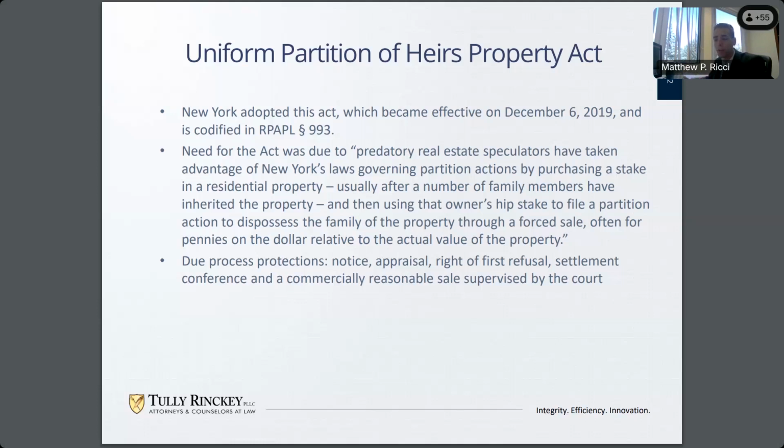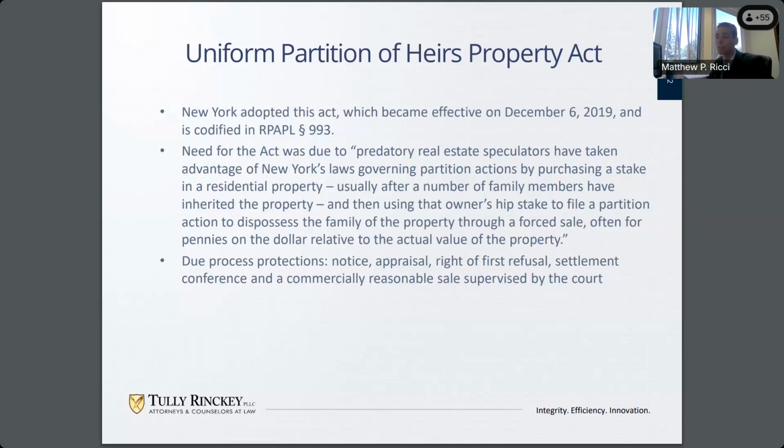profit off of, they prey on people who inherited property. So, they would look to purchase someone's recently gained inheritance of a portion of interest in land, and then attempt to use that purchased inheritance interest to then petition the court to force the sale of the property, which would then take away the property from any other heirs of inheritance.